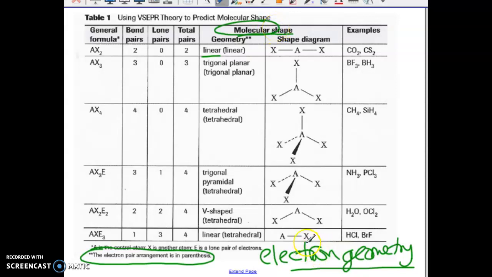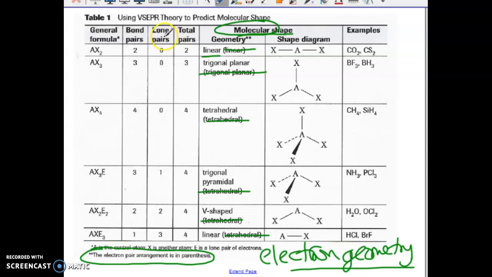Electron geometry is not a great indicator of shape because the shape changes if you have lone pairs, right? Sometimes they're the same thing because there are no lone pairs. So you do not need to know the electron geometry. Actually, I never want that reported to me. Anytime you're asked to indicate the shape, it is the shape taking into consideration the number of lone pairs.